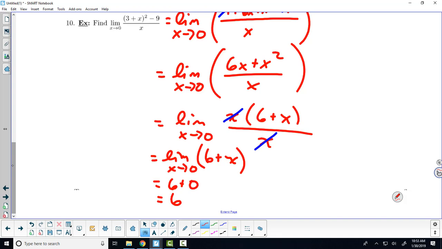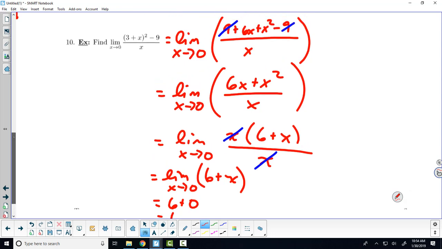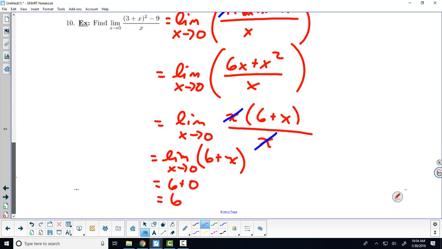Questions on that? Yeah, Mike. Just an admin thing. Am I going to get dinged if I skip the little one where you crossed out the x? No. You're doing canceling in your head, you're doing factor formula, things like that, I'm okay with. I don't think you can go from here to here.